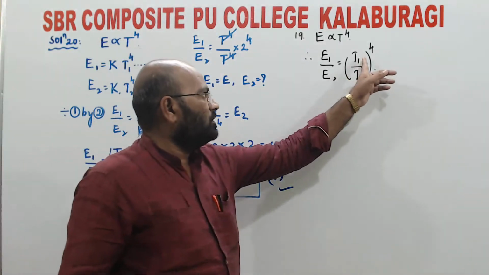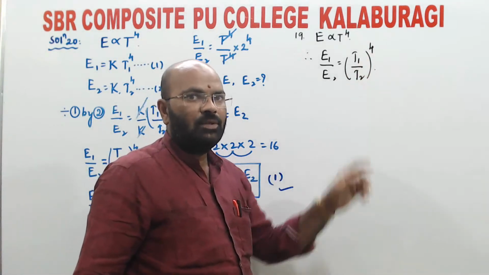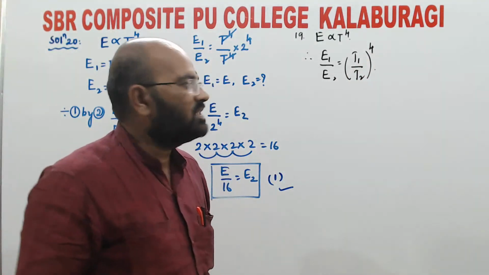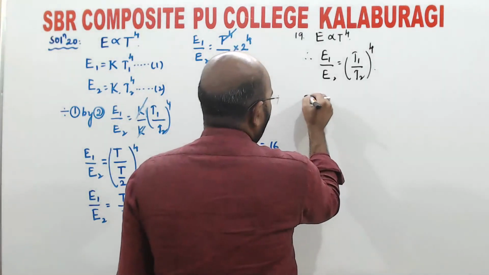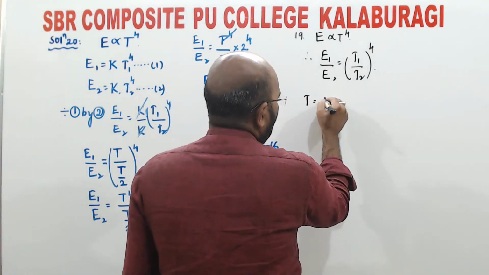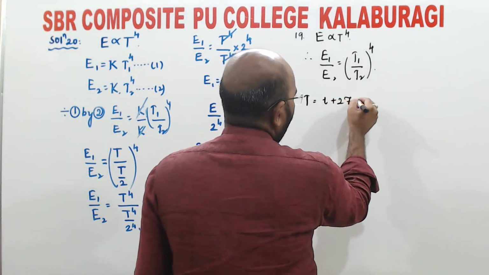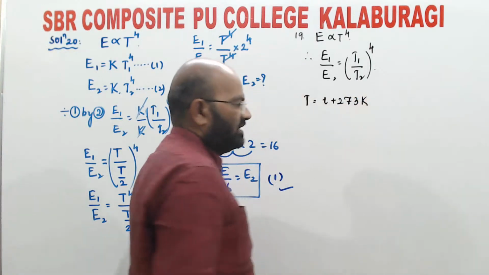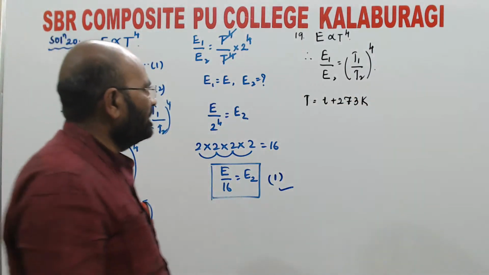This is called absolute temperature. That is, absolute temperature is T plus 273 Kelvin.